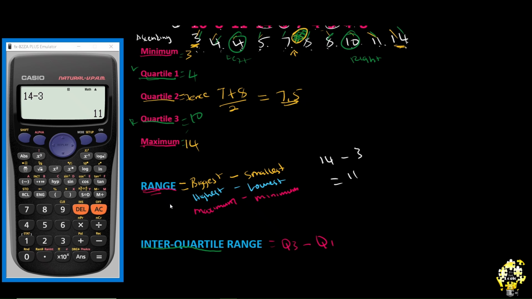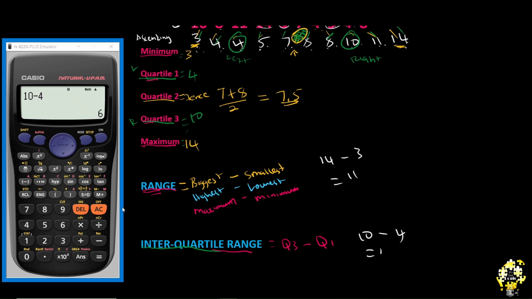When you take the difference between a quartile 3 and a quartile 1 in your 5-number summary, you get an interquartile range. Now, what is our Q3? Our Q3 was 10. Subtracting with our Q1, which was a 4. What do we get? So we have a 10 subtracting a 4.